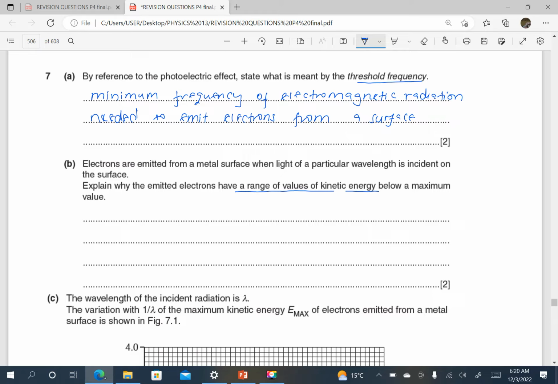So you can say Emax, the maximum kinetic energy, corresponds to an electron emitted from the surface.